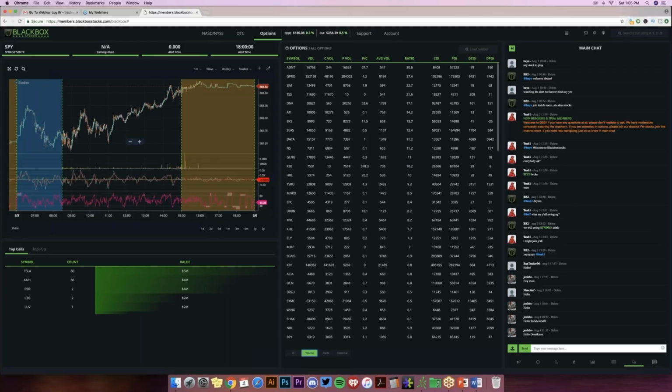This is the column that I really look at. I want to see that ADNT is trading 30.6 times its average volume. You've also got the changes in these columns between the call open interest, put open interest, daily change in the calls, and daily change in the puts.